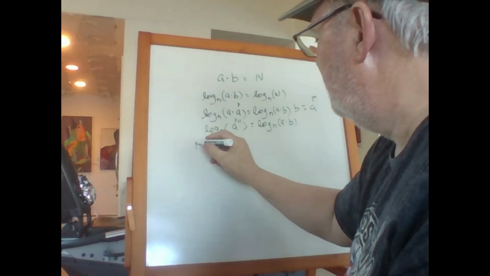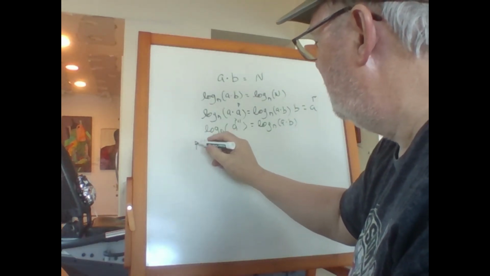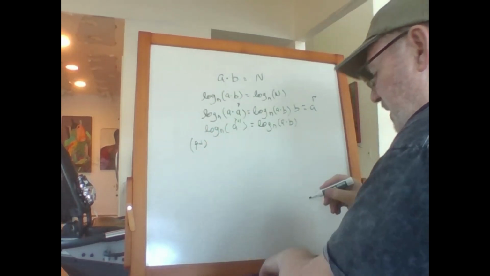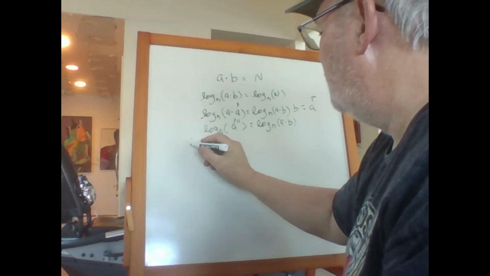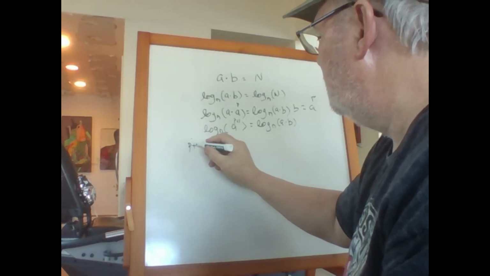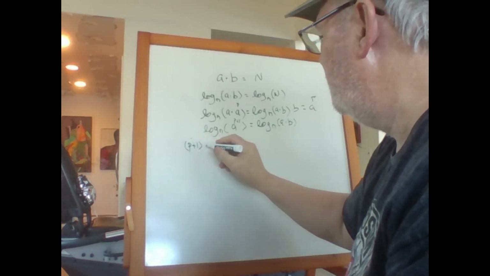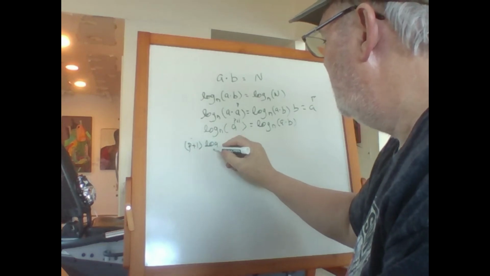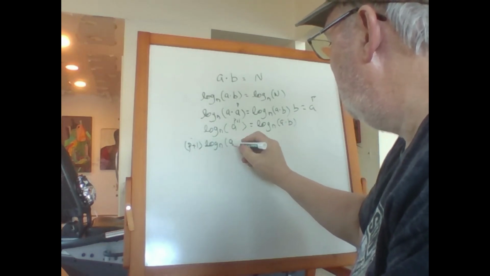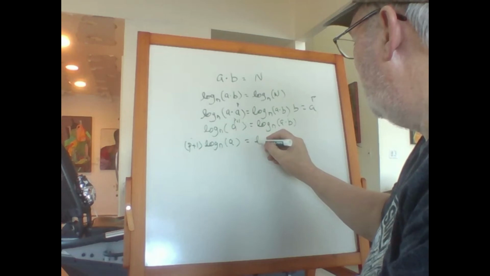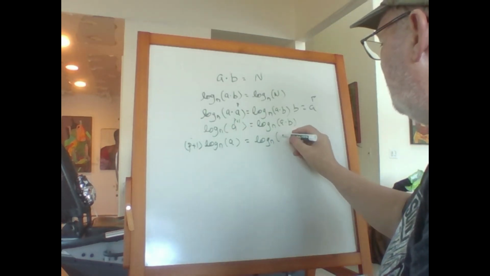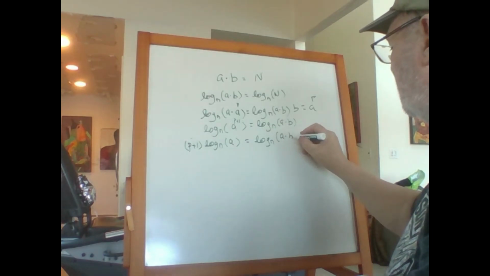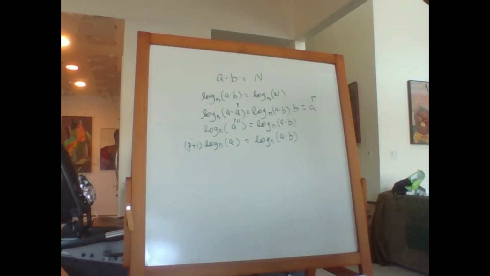And then we do our, oh boy, I'm going too fast, our rule of logarithms, p plus 1 times log n of a equals log of n of a times b.